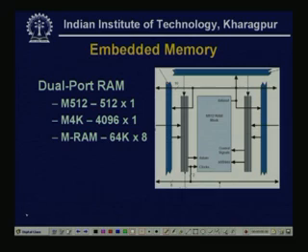In this example, this is a 512-bit RAM block. This is a dual port RAM, 512 by 1 bit, and these are the different input output lines.